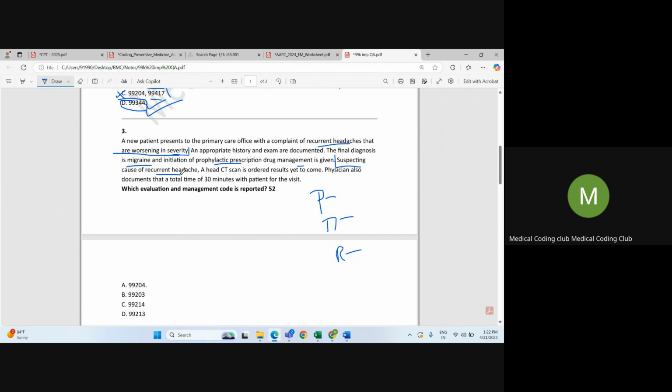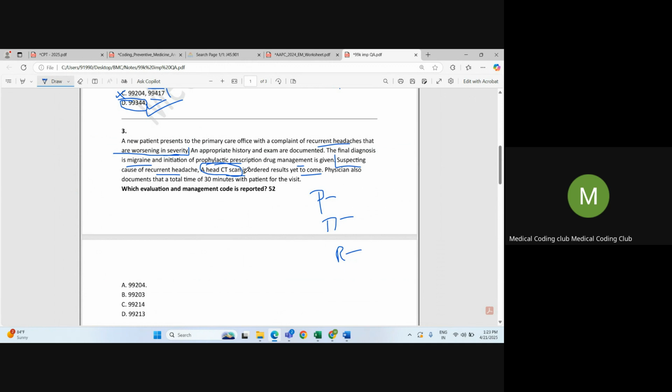They need to know the exact cause of the headache, and the head CT scan is ordered. The result is yet to come. So one diagnostic test, the CT scan, is ordered. Here, migraine is not an ultimate medical condition for the patient. After the CT scan, what results will come is important. Here the CT scan result is pending.